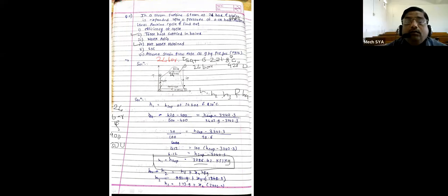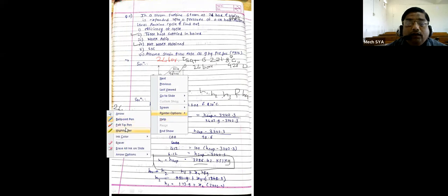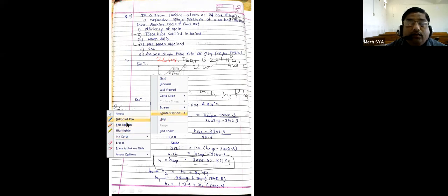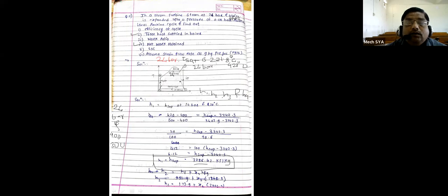Now, point number 2 in our cycle is lying in the wet region, not in the superheated region. So at point 2, in the wet region, the corresponding pressure is 0.08 bar.